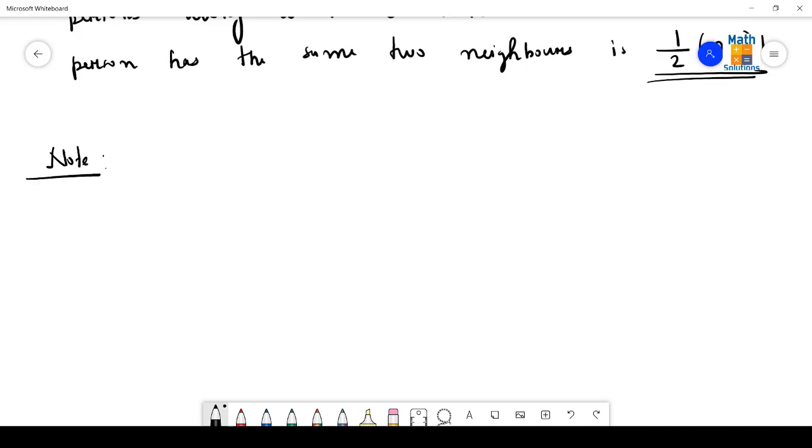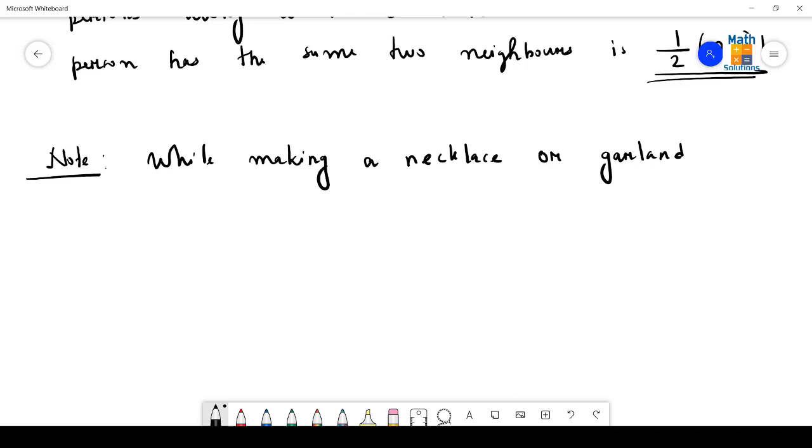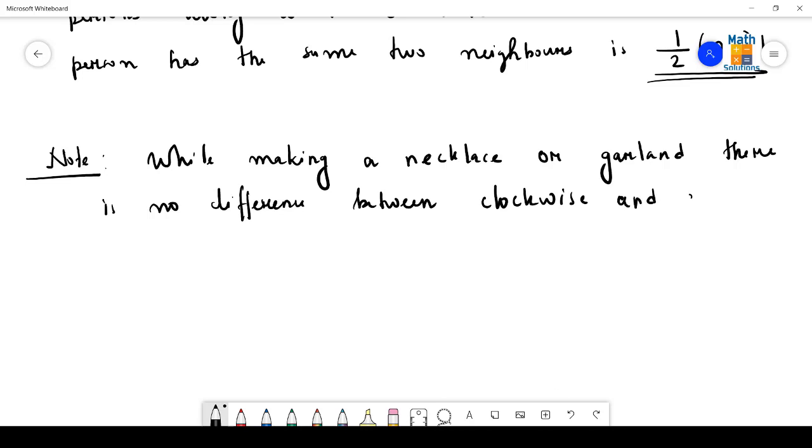While making a necklace or garland, there is no difference between clockwise and anti-clockwise.